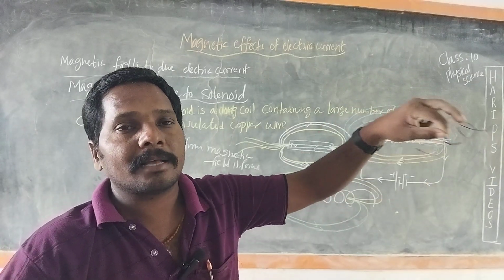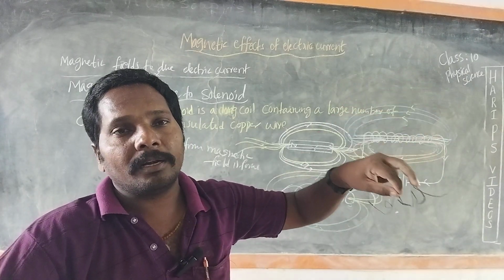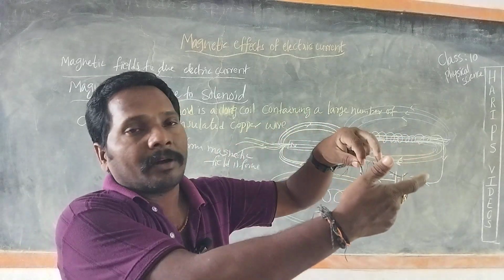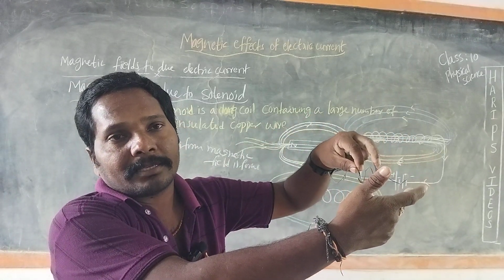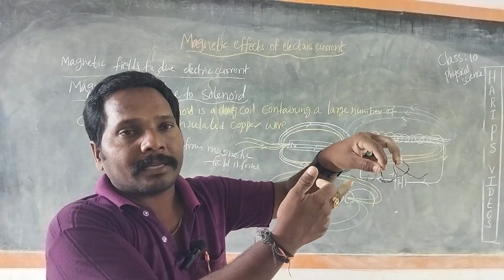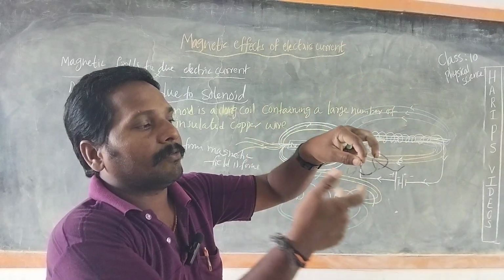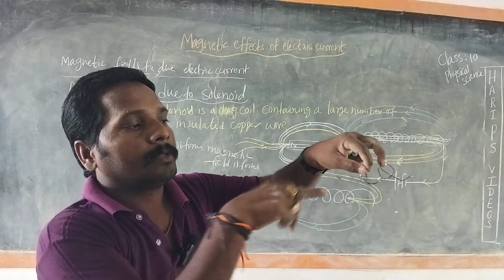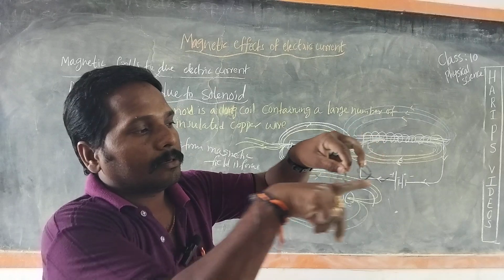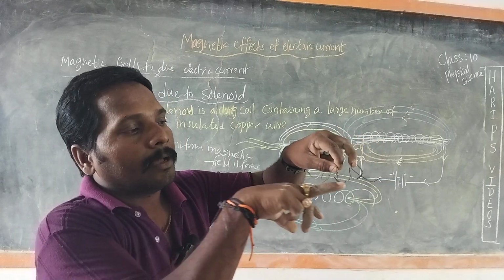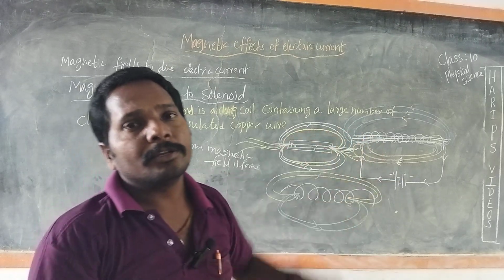Bar magnets have two poles, north pole and south pole. One end of the solenoid acts as a north pole, the other as a south pole. The magnetic field lines are formed like this, with parallel lines inside the solenoid.